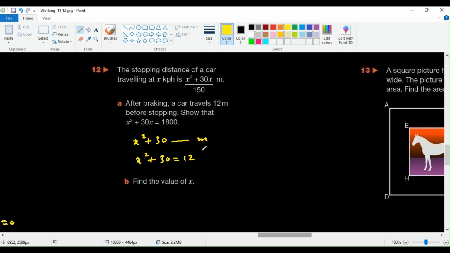So once we multiply by 150, it's going to give us 1800. So that shows that x squared plus 30x is going to be equal to 1800. So this is the equation. Now we need to find out the value of x.